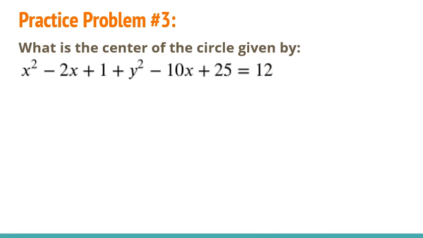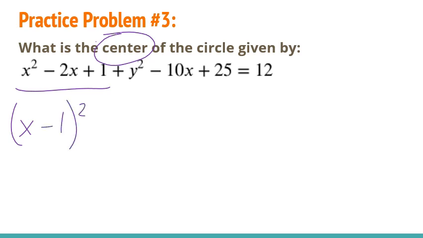Okay, very last one I want to do, just to recap on factoring. Here, I want you to be able to recognize that you don't have to complete the square if the equation already factors. If we just want the center here, I'm looking at this part here, and I do have a number that multiplies by itself to 1 and adds to -2.